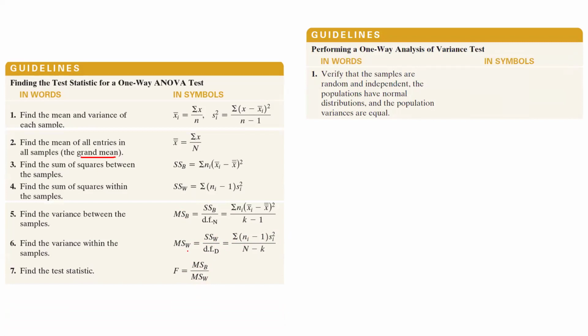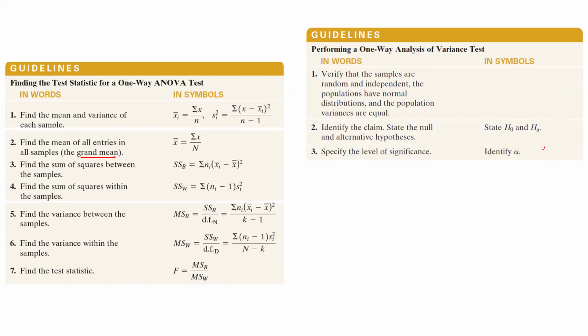And then in performing the hypothesis testing, make sure the samples are random, independent, the population is normal or almost normal, and variances are equal to each other. Identify the null alternative hypothesis, H sub 0, H sub A. Specify the level of significance, alpha.